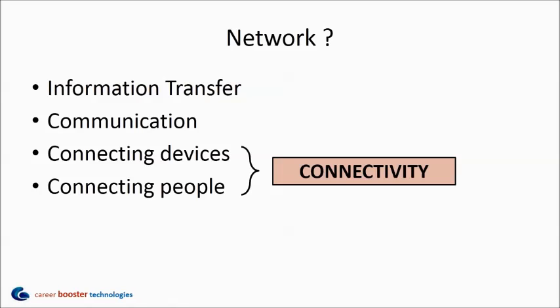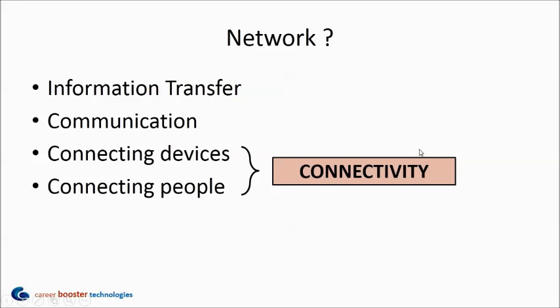So there's a lot of action that needs to happen between two devices which are located separately, so that the communication or the information transfer, or whatever definition one might give for the network, is actually true, or that purpose is solved. So let's stay with connectivity. That's my focus area for the training.